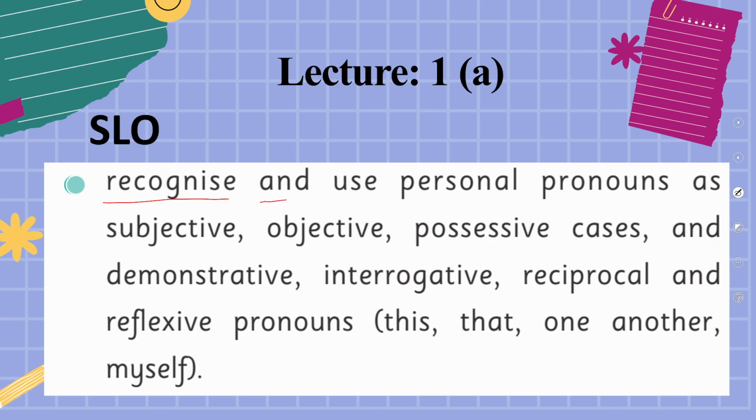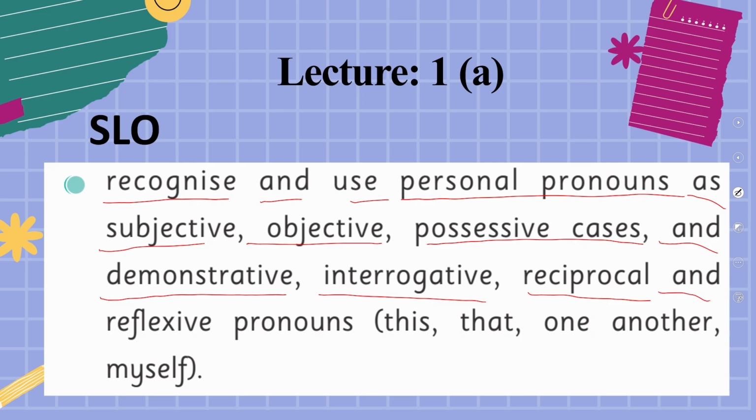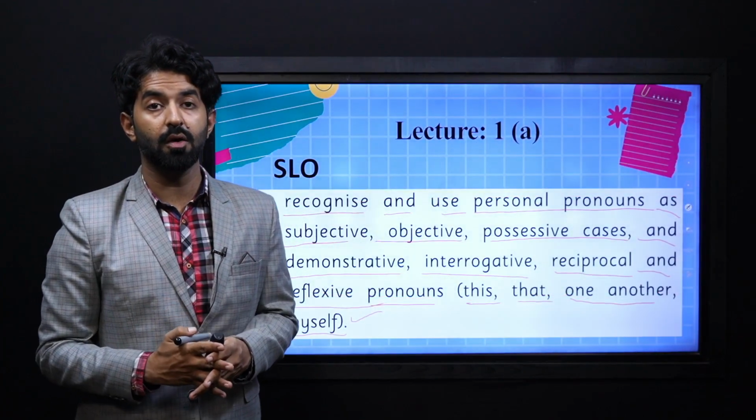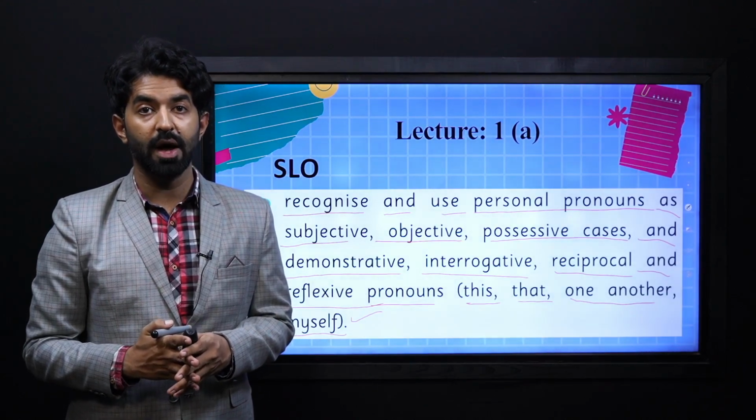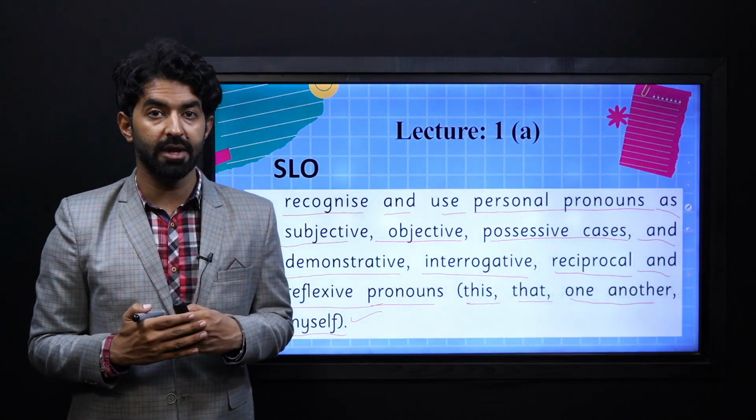Recognize and use personal pronouns as subjective, objective, possessive cases, and demonstrative, interrogative, reciprocal, and reflexive pronouns: this, that, one another, myself. So, my dear learners, this is our student learning outcome for our grammar with lecture number 1A, but it's divided into 2 lectures.